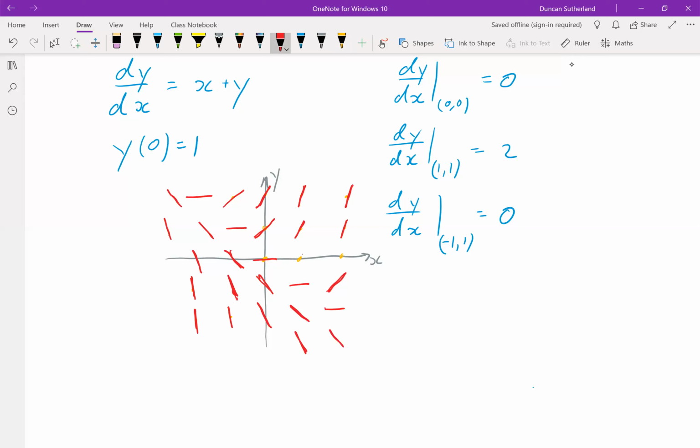Here we've got slope 1. Here we've got slope 2. All right, and you can tell that these sketches are pretty rough. And I'll just put a nice frame on my picture, because I've kind of gone a bit overboard.